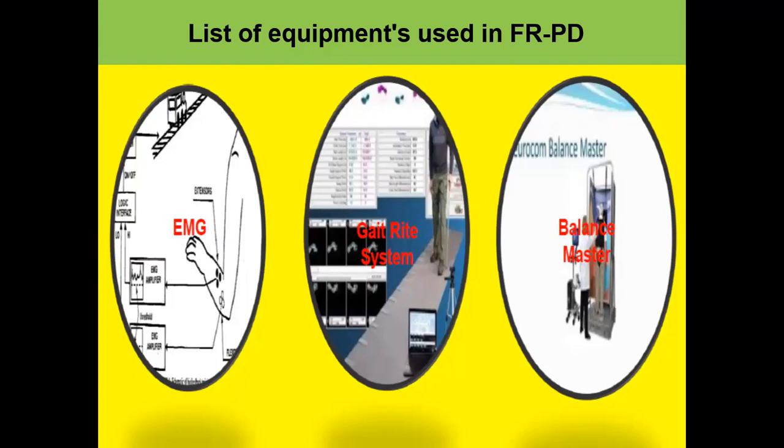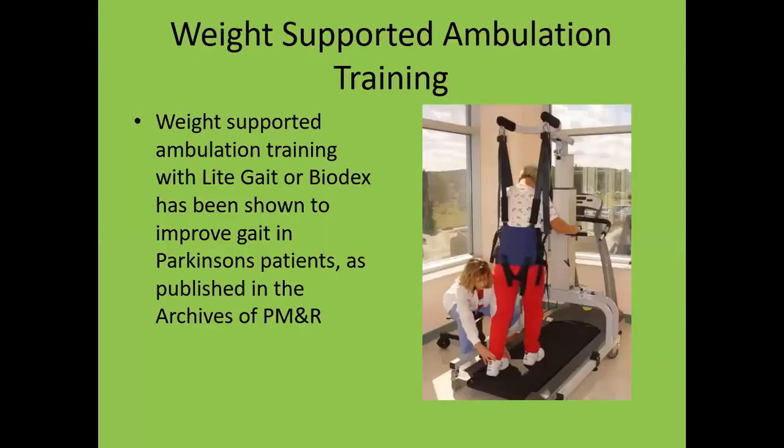Some of the new upcoming devices have challenging games, especially for Parkinson patients. According to research purpose or clinical utility, you can buy and use this equipment to manage balance and gait functions. It will help to improve the walking pattern and the balance of Parkinson patients.